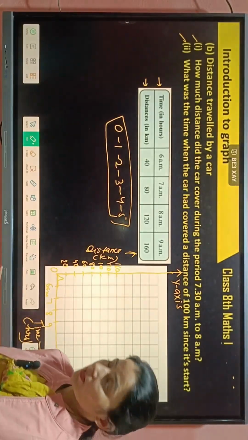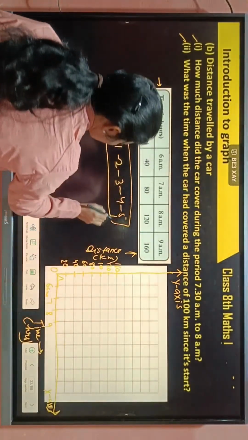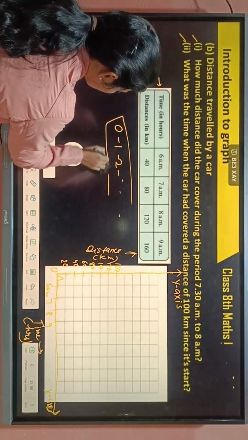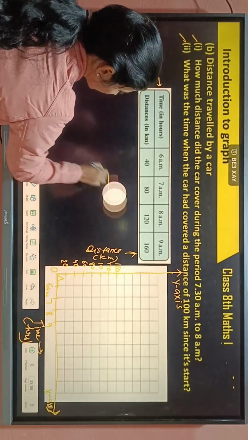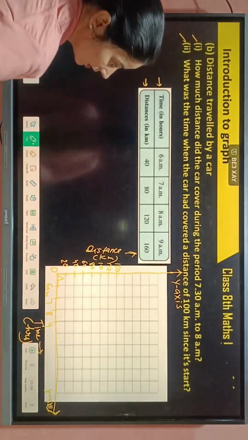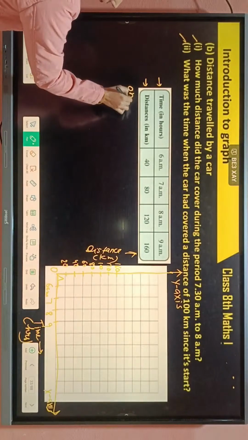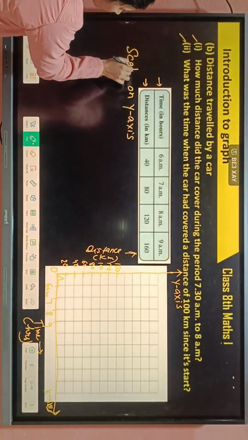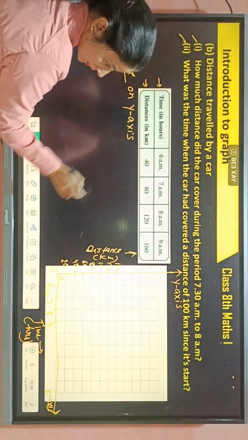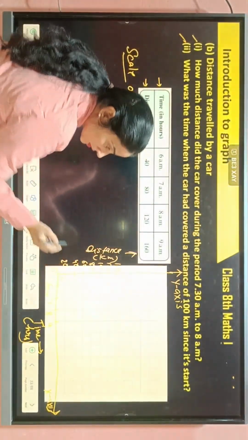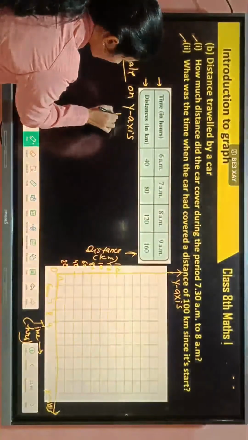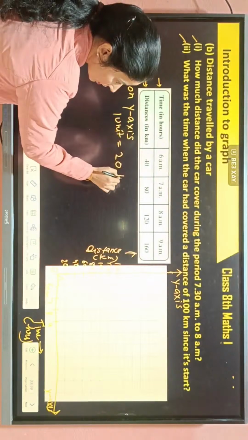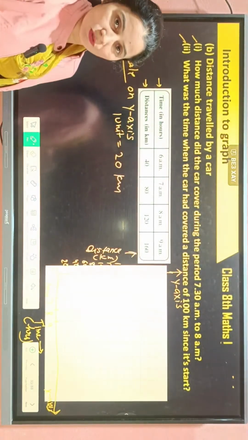Now let us define scale on both axes. On y-axis, what will be the scale? This 1 unit, 0 to 20, this is 1 unit. 1 unit is equal to 20 kilometer.